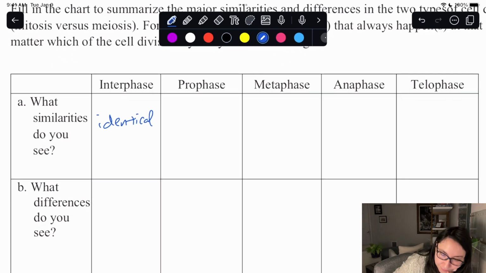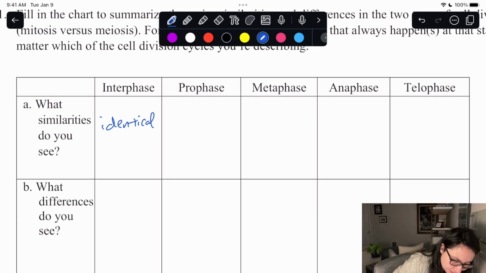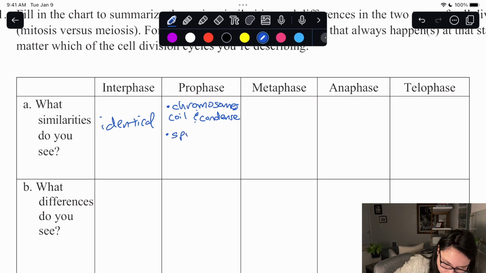In terms of prophase, the chromosomes coil and condense, the spindle forms, and the nuclear membrane or nuclear envelope breaks down.